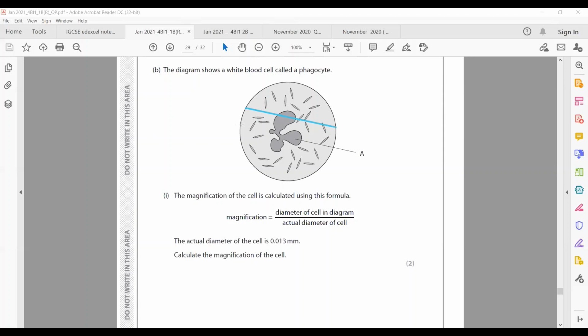Diameter يبقى the widest part كده او the widest measurement. كويس؟ فيو measure the diameter بالتاكيد، وهجيبه برضو in millimeters not in centimeters. يعني انا لو جبته in millimeters هرتاح، لان انا عندي اليونت هنا بتاعت الاكتوال diameter in millimeter، يبقى on the image it has to be in millimeters as well. واكتب بعد كده الماجنيفيكيشن، اعمل just division.